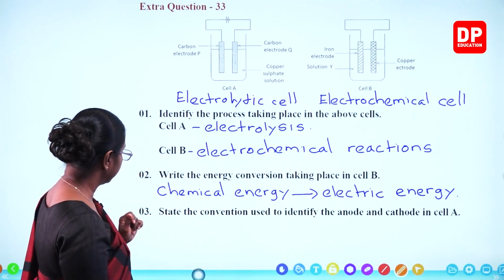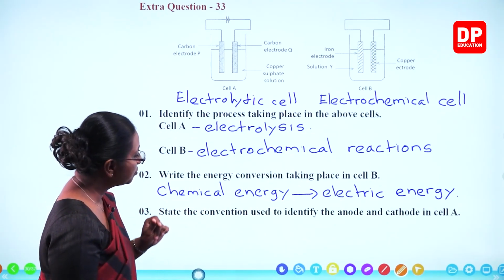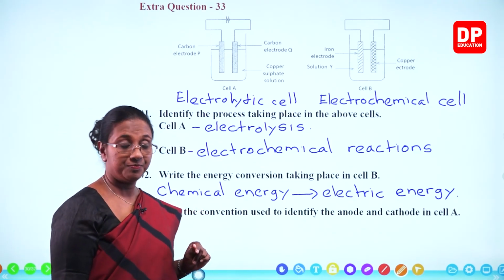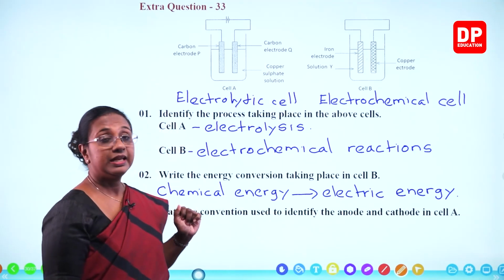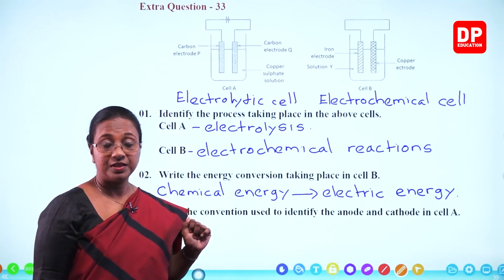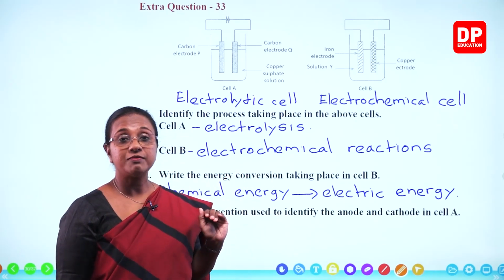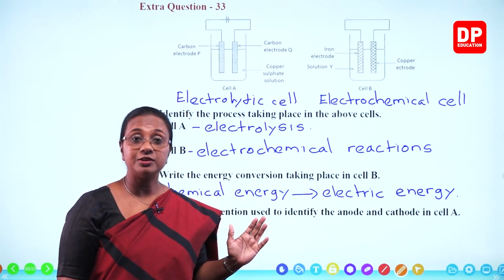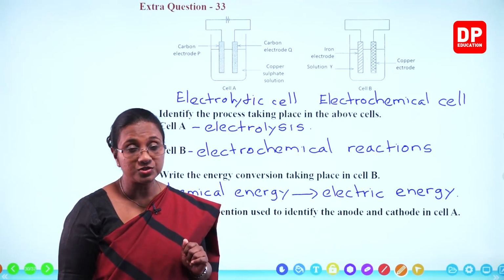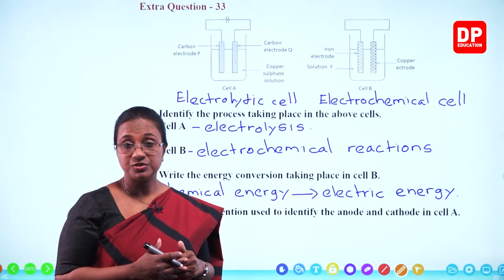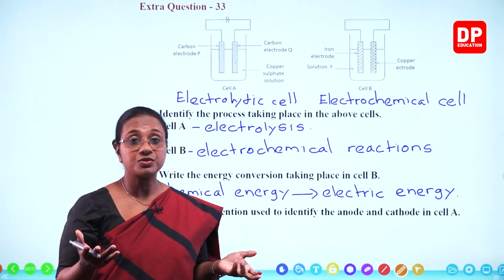Then the third one, state the convention used to identify the anode and cathode in cell A. Now you all know, in an electrolytic cell, when we connect the power source, the positive terminal of the battery is connected to one electrode and that electrode becomes the positive electrode. The negative ions get attracted to the positive electrode and get oxidized.